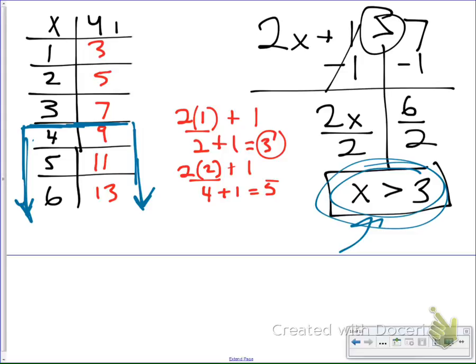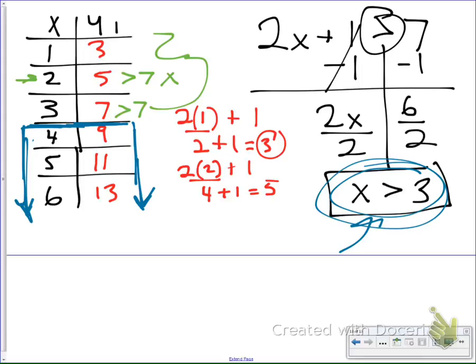So look right here. If I look at, say, this line where my x is 2, I want to check: is 5 greater than 7? No, it's not. That's why these values on the top are not included in my solution set. Also, if we look here, 7 is not greater than 7. It's equal to, but it's not greater than.